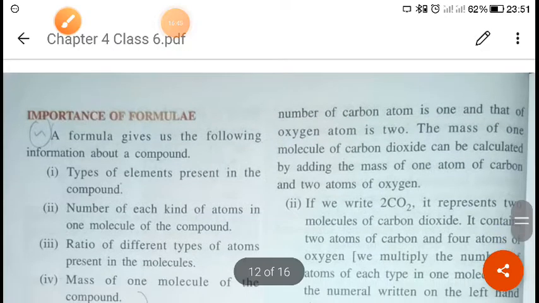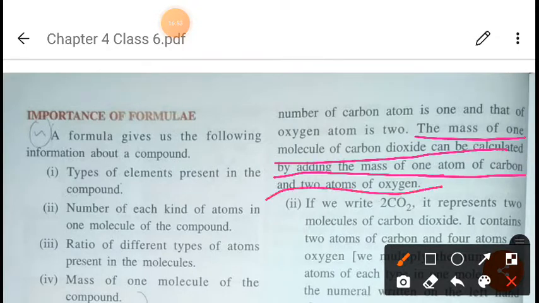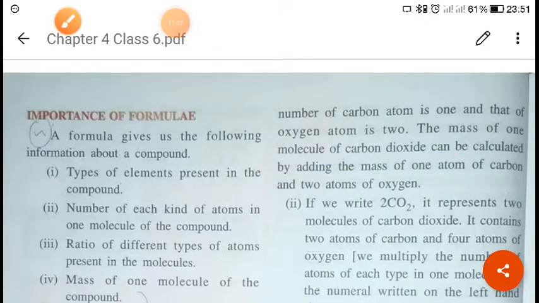So we can find out the mass of one molecule of carbon dioxide by adding the mass of one atom of carbon and the mass of two atoms of oxygen. Suppose we have CO2. Carbon has an atomic mass of 12, plus oxygen has an atomic mass of 16.